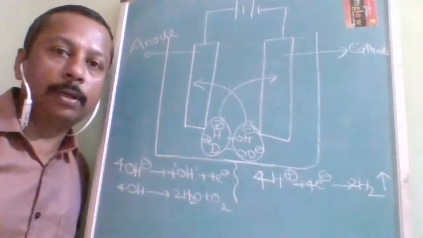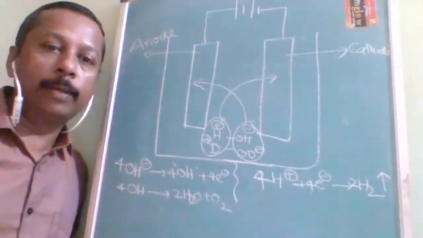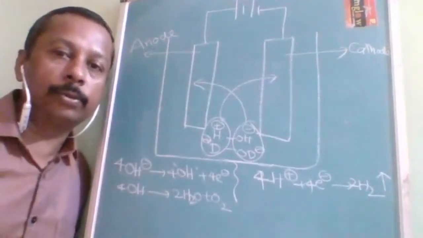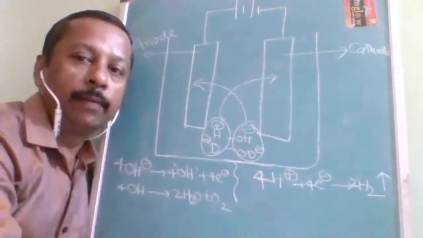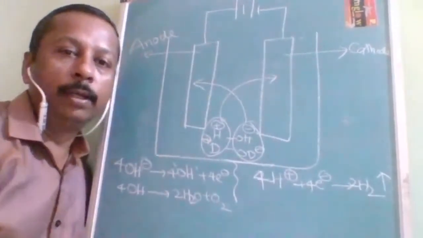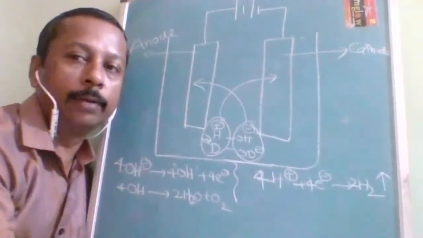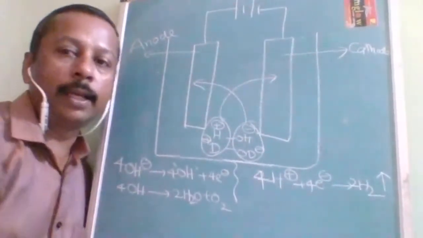This is also called a moderator. The purpose of the moderator is to reduce the speed of the neutrons. It will make sure the rate of the chain reaction is reduced.